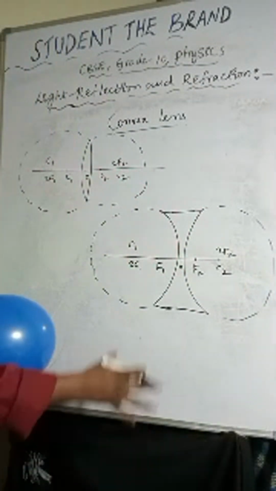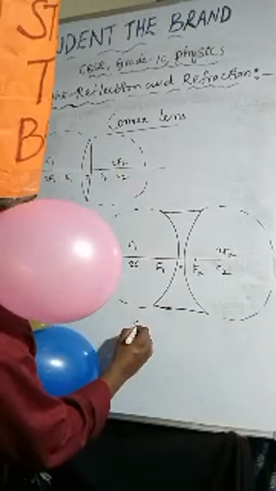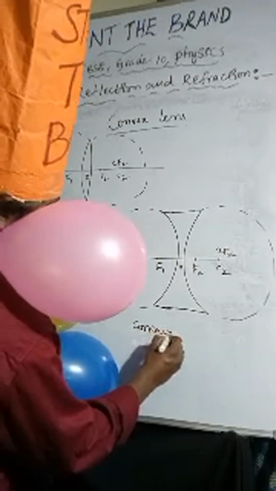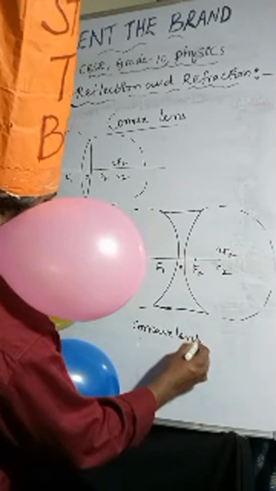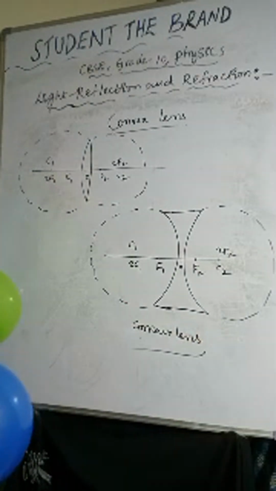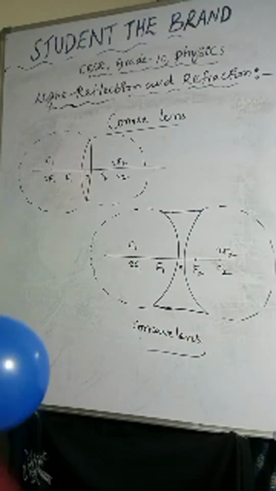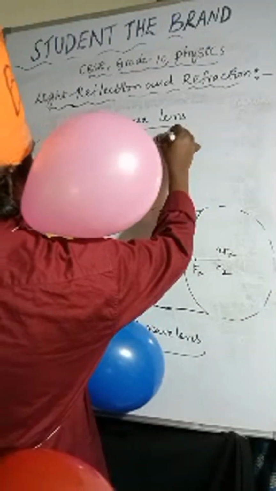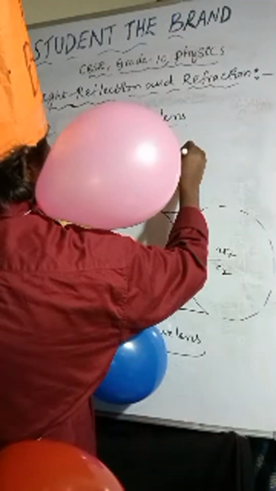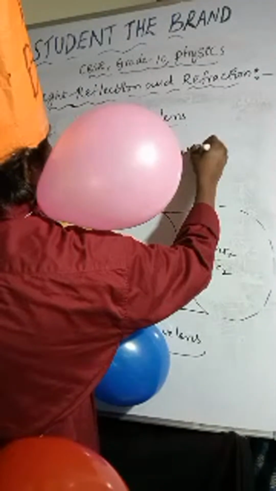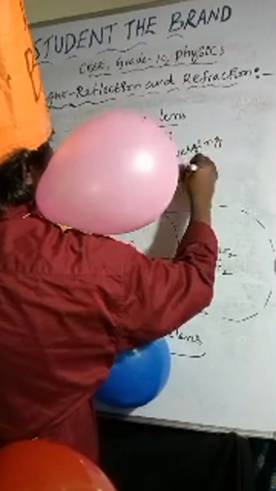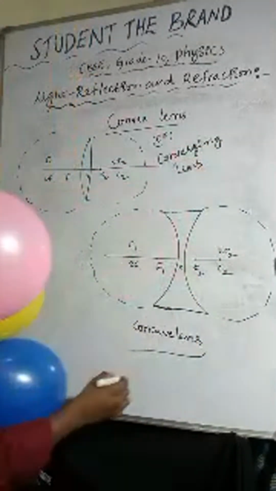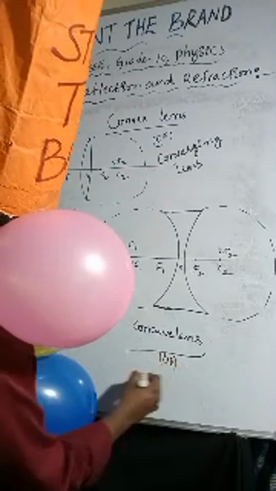Okay, so this is a convex lens and this one is a concave lens. Convex lens is also known as converging lens, and concave lens is also known as diverging lens.